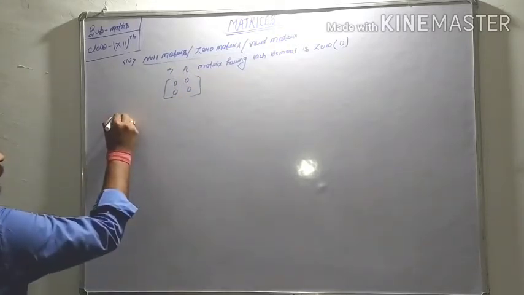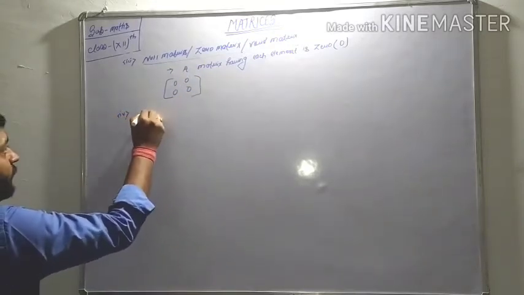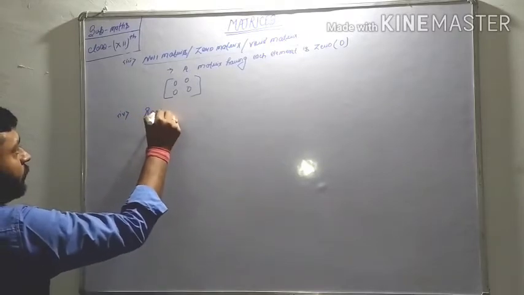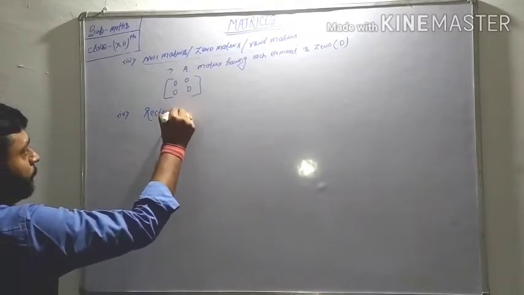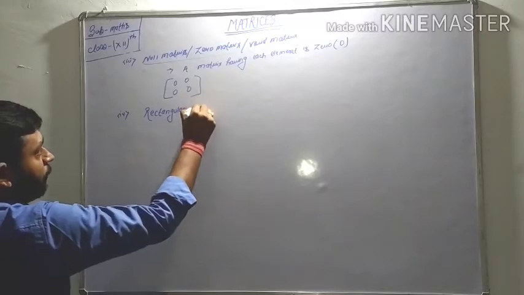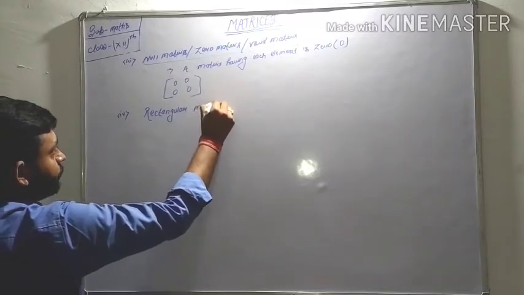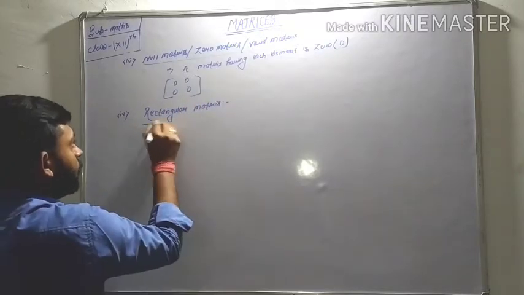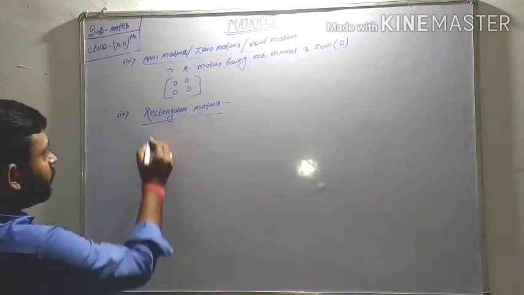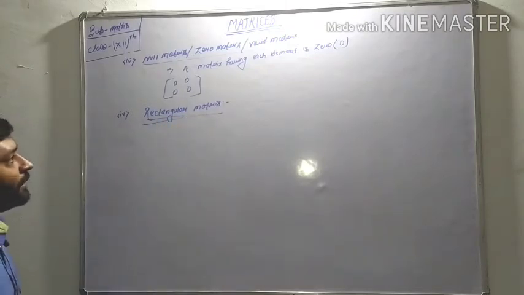And number 4, rectangular matrix. We know a rectangle has length and breadth not equal.